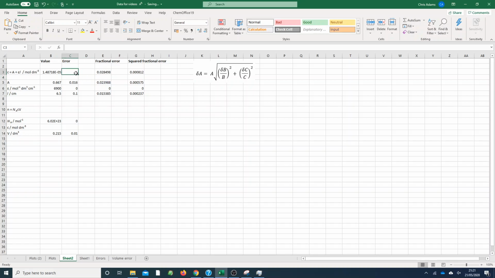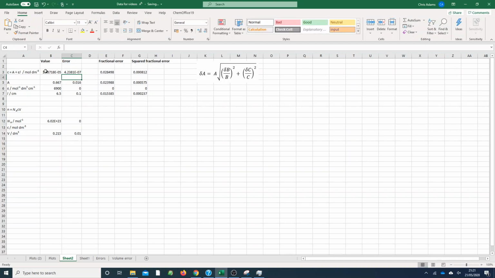And to find the absolute error in the concentration, I multiply the fractional error by the calculated value. There we are. That's my value. That's my calculated error.